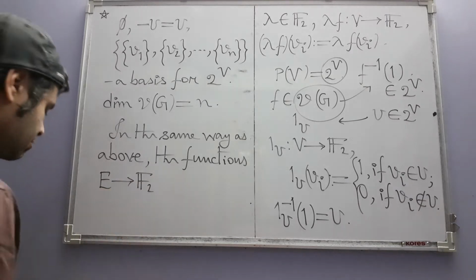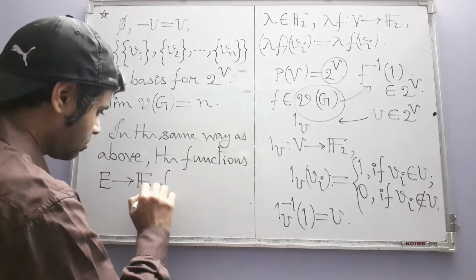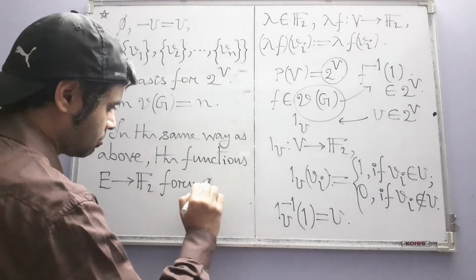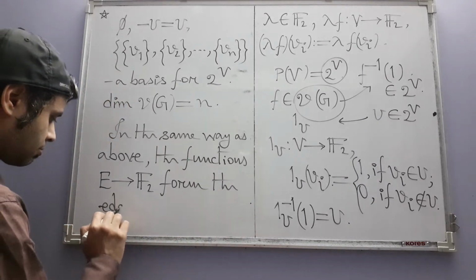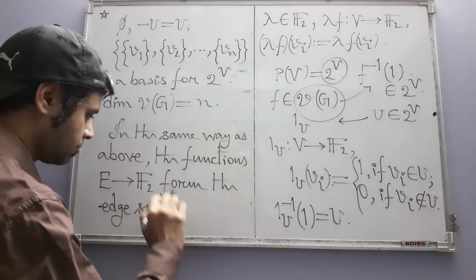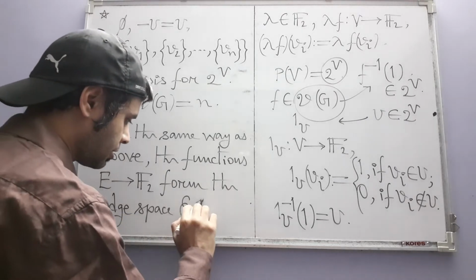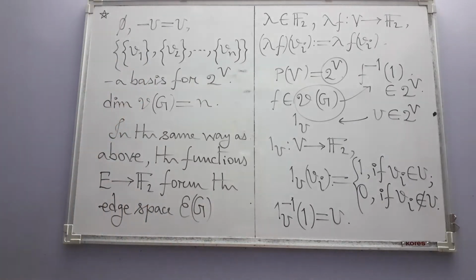The field of course remains that same, form the H space, which we are denoting like this, epsilon of G, the H space of G.